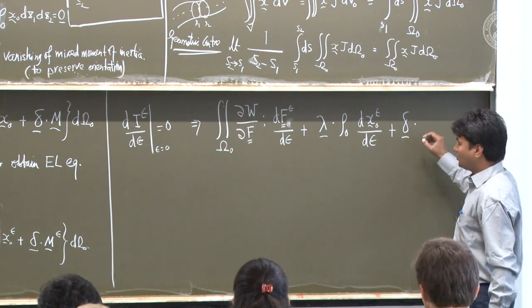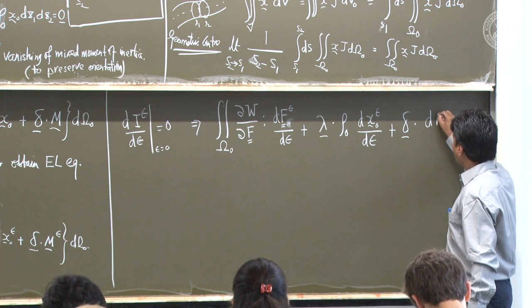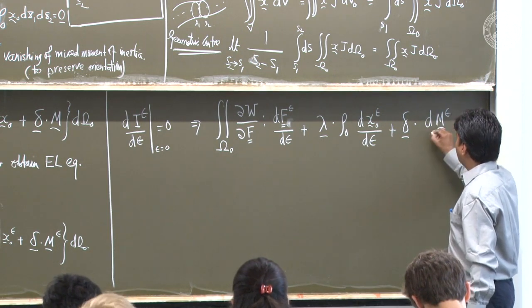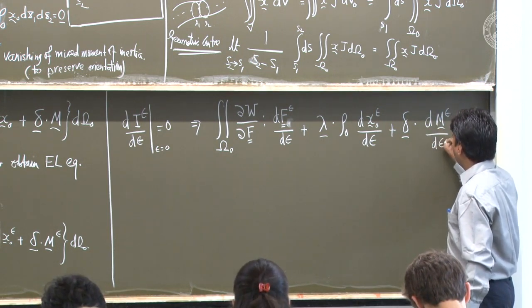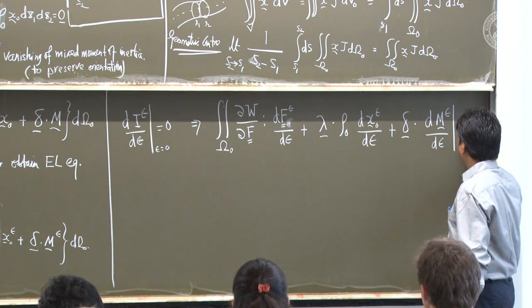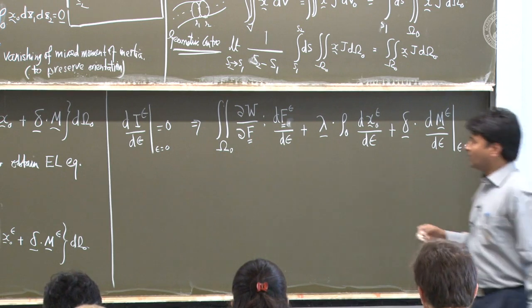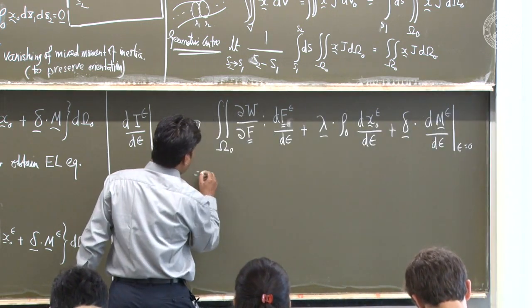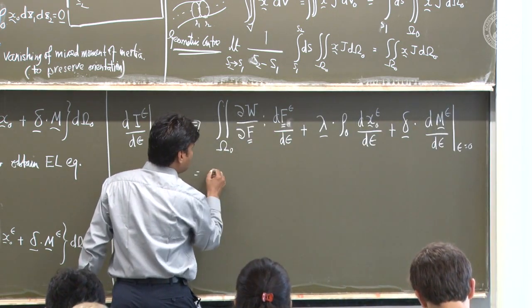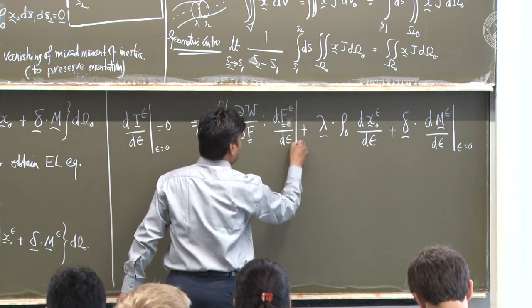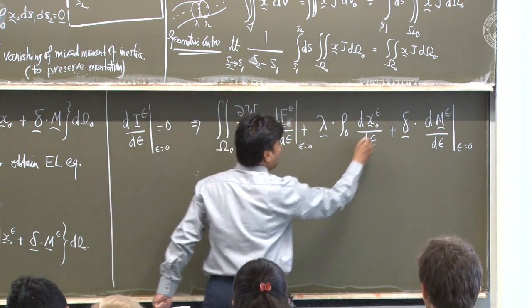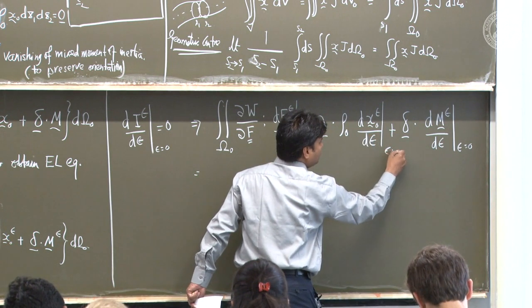Plus delta dot d of m epsilon over d epsilon at epsilon equal to 0. Okay. And then we have to set it at epsilon equal to 0, all of them. This is also at epsilon equal to 0, and that's also at epsilon equal to 0.